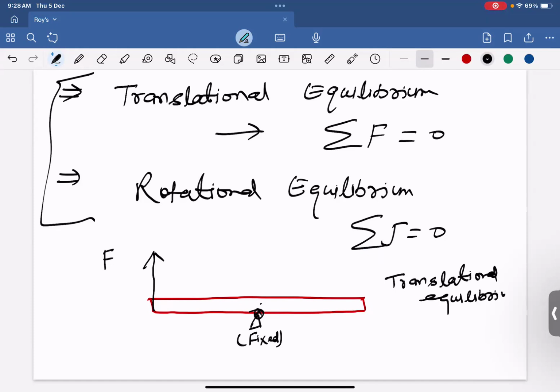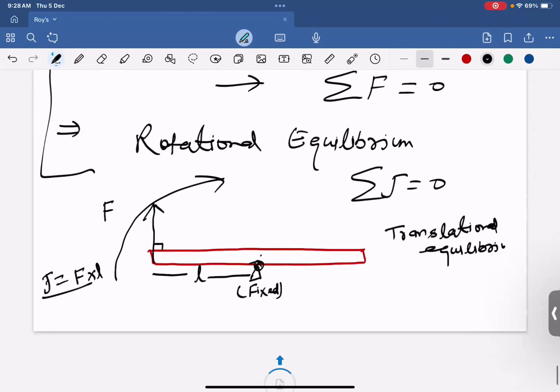But due to this force, a torque will act. Let's suppose this distance is L and this angle is 90 degree. So a torque F into L acts about this fixed point. Due to this torque, it will rotate.